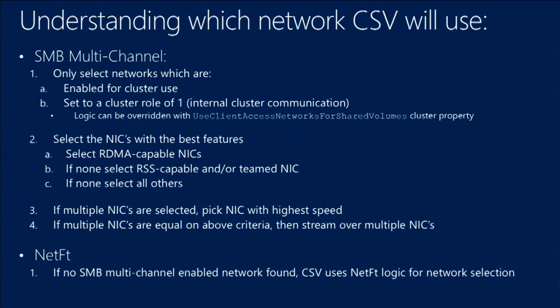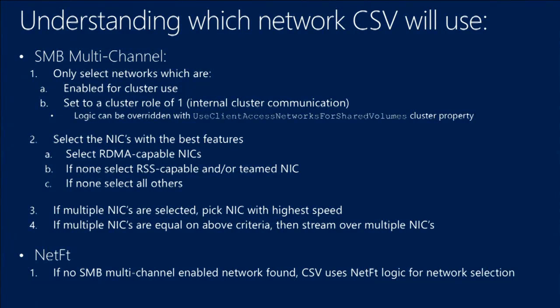So I briefly talked about the logic for preference of the networks, where SMB multi-channel would be configured by the cluster service to use private networks. By default, the cluster only configures private networks for SMB multi-channel use.